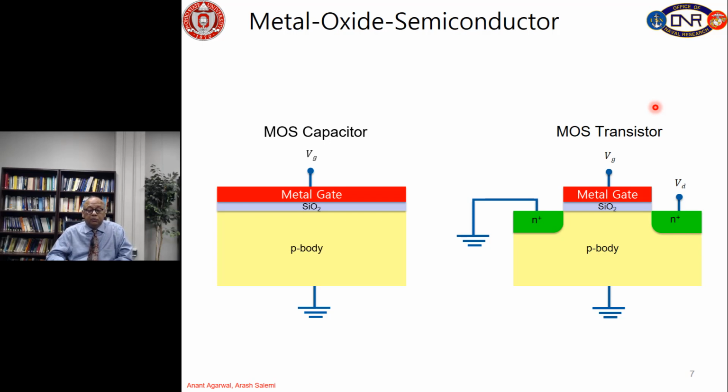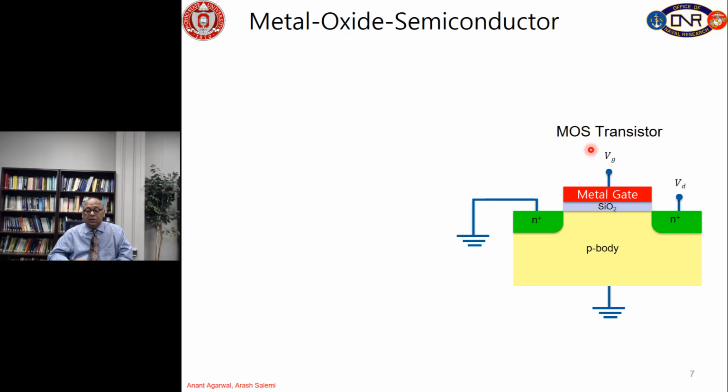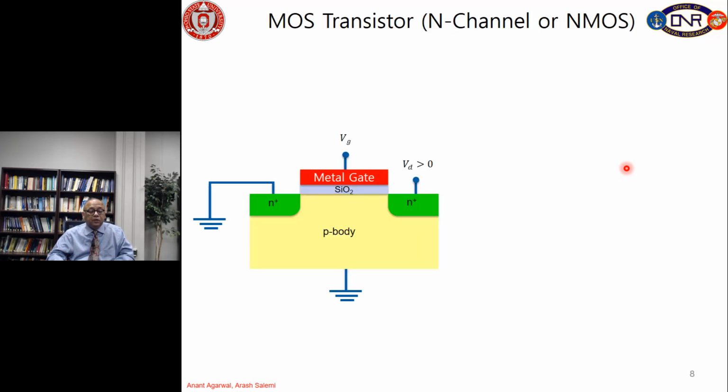So, now going back to our previous diagram, we can now talk about the MOS transistor. In a MOS transistor, we have two additional terminals, source and drain, and assuming we ground the source, we ground the body, we apply a positive voltage on the drain and we apply a positive voltage on the gate, we will form an electron inversion layer here, provided the gate voltage is higher than the threshold voltage.